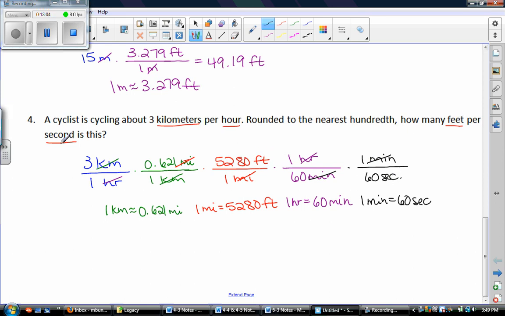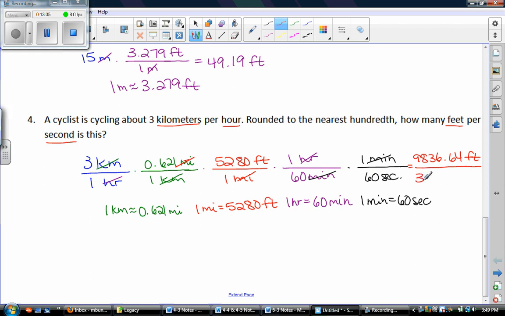Feet per second. So now, if we multiply straight across the top, 3 times 0.621 times 5,280, and our units are in feet, and that comes out to 9,836.64 feet. And then multiply straight across the bottom. So we have 60 times 60, and our units are in seconds.